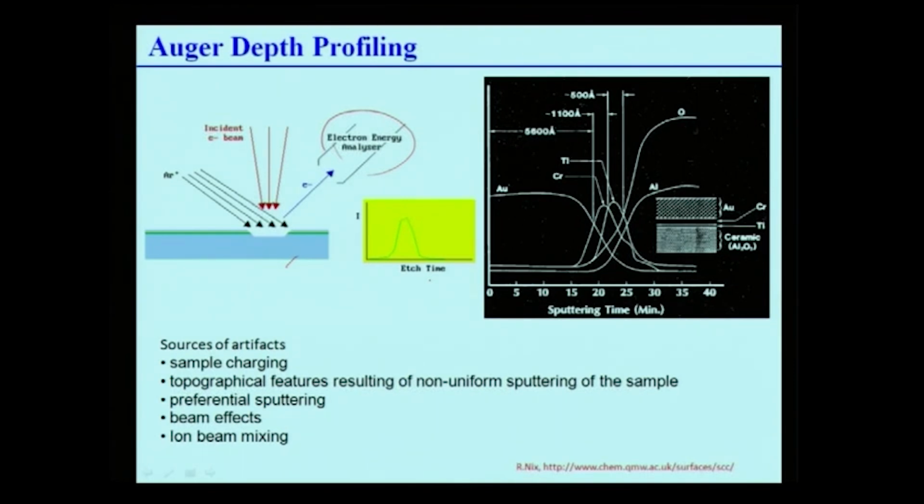Now we can use argon ions to sputter the sample surface sequentially. That means if I have a sample initially, as taken from this website, I take information at the beginning from this area and get the Auger spectra. Then using argon ions I remove a very small thickness, sputtering out of the order of 10 to 20 angstrom, and then again collect the Auger spectrum.